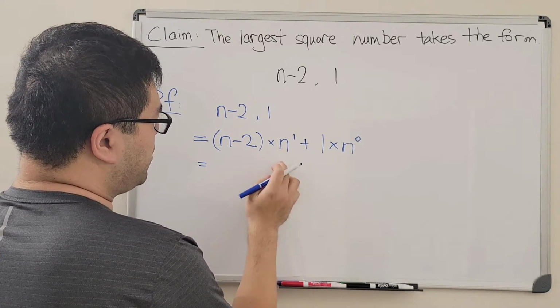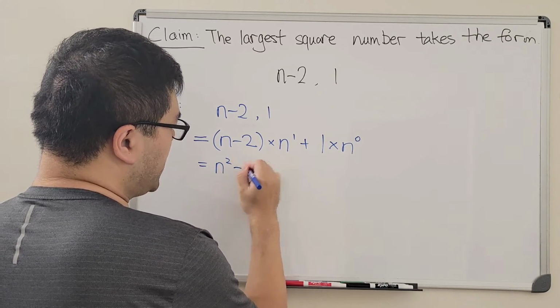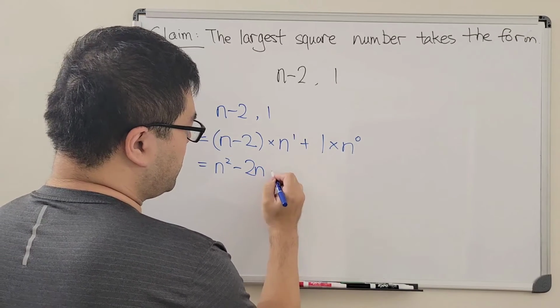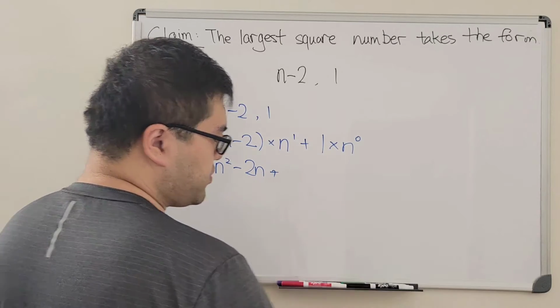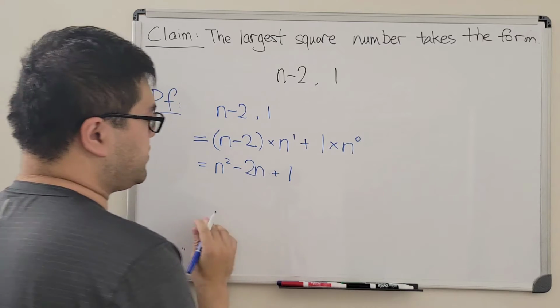And now we are going to distribute the n, so we get n squared minus 2n plus 1 times n to the 0th power, which is 1. So we get plus 1.